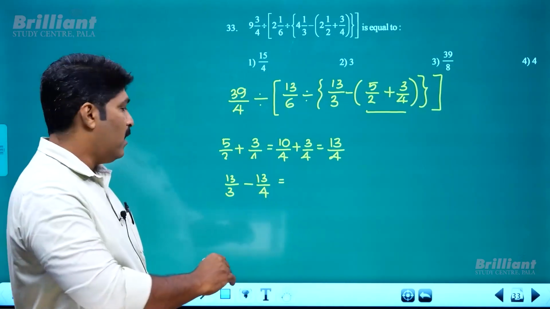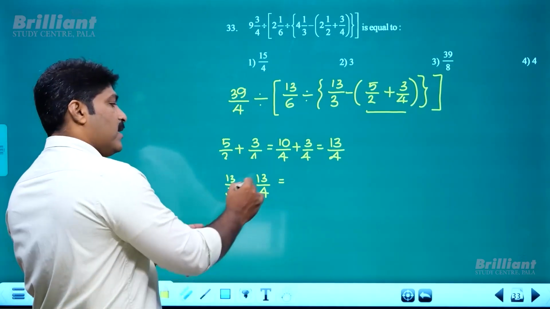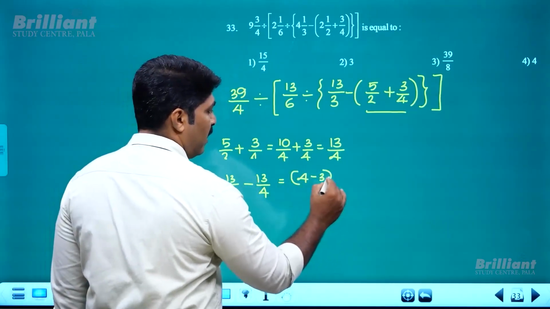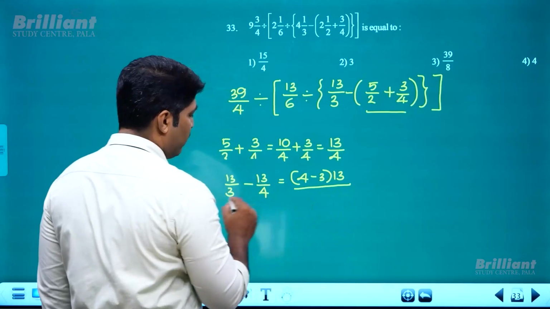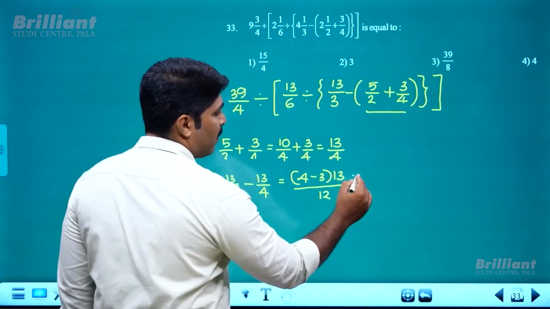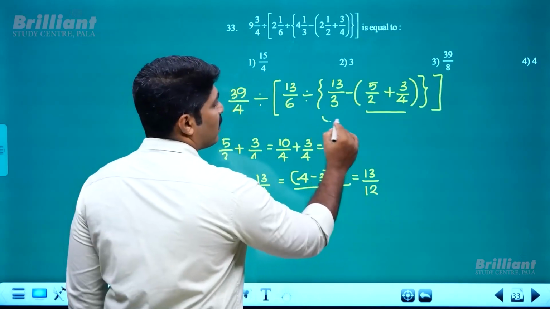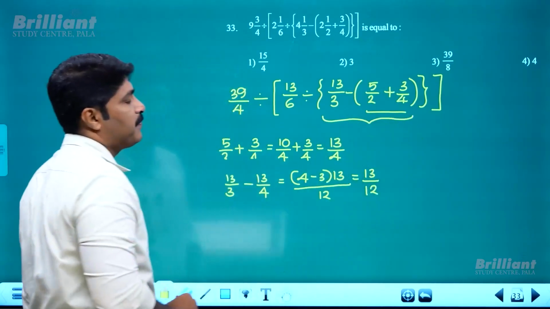What will it be? Just consider this is 4 into 13, this is 3 into 13. This is 4 minus 3, into 13, divided by 3 into 4, which is 12, so that is 13 by 12. So we got the value of this much.